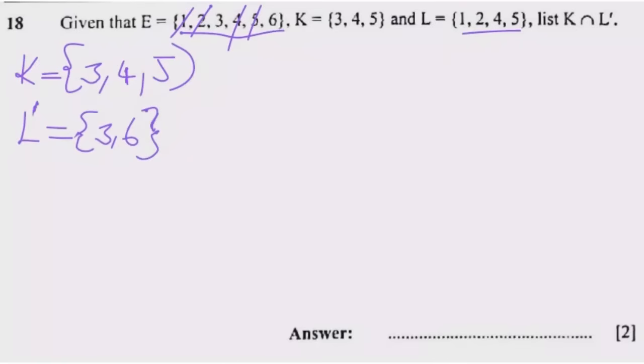Now, what we need to do now is we need to write set K intersection set L complement, which is equal to, then we say what elements are found in both.